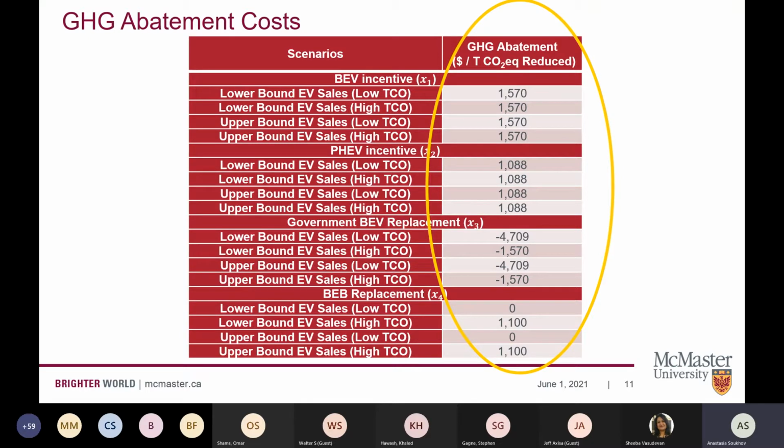Just for a quick comparison, the carbon price we saw is much lower than $1,000. But obviously these two policies have different mechanisms at hand, but you can see the cost of reducing emissions in the sector is very expensive as is. The negative prices for the third policy, government BEV replacement, is negative because, again, it's cost savings.